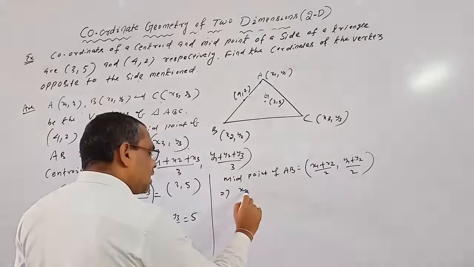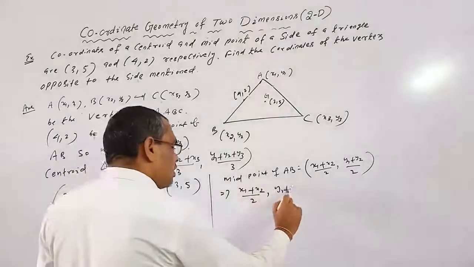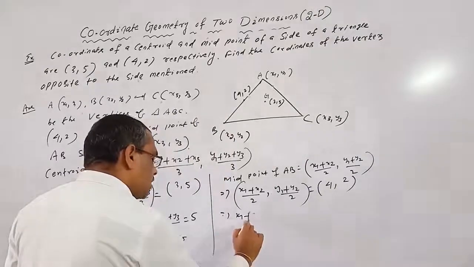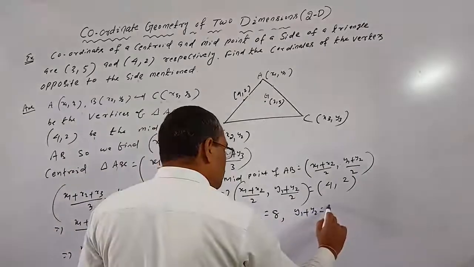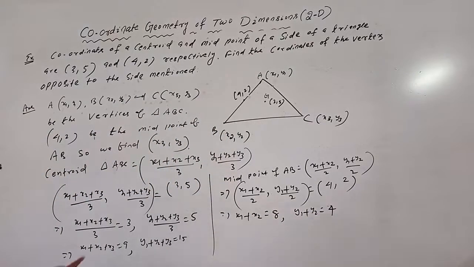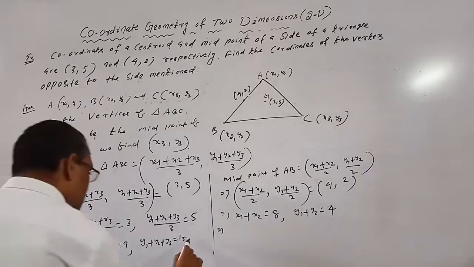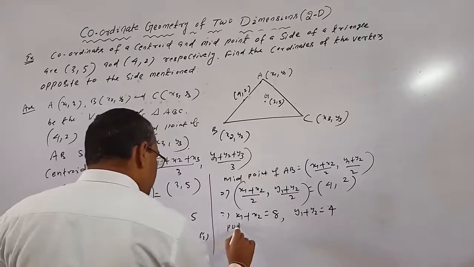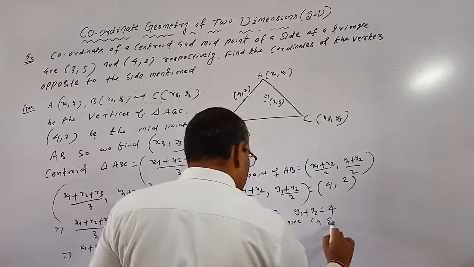That implies x1 plus x2 by 2 equals 4, so x1 plus x2 equals 8, and y1 plus y2 by 2 equals 2, that implies y1 plus y2 equals 4. Since x1 plus x2 plus x3 equals 9, let it be equation 1. Putting this value in equation 1.